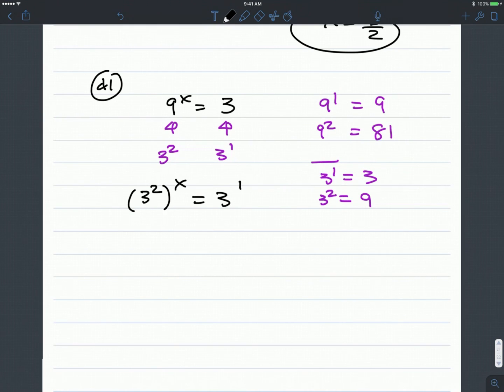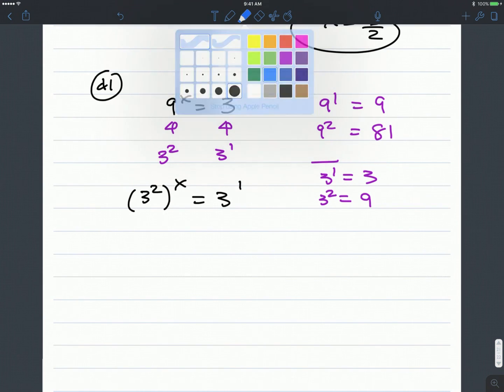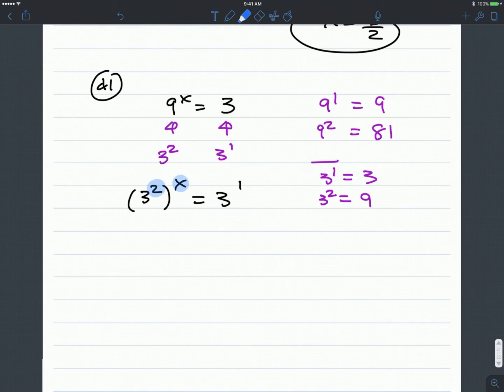Is that true? What do I do with the powers? Good, you multiply. 3 to the 2x is 3 to the first power. Is that true? Now, what's the deal?